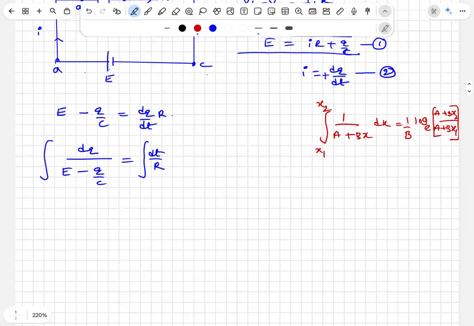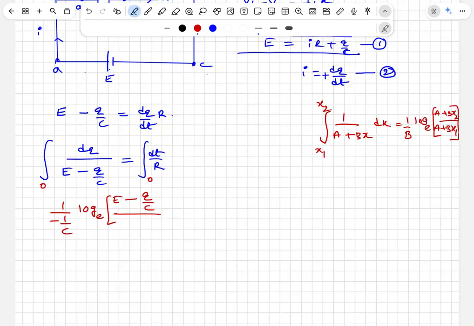Clear, any doubt till this point? So I am going to apply this. I know initially there is no charge. I told you, uncharged plate.